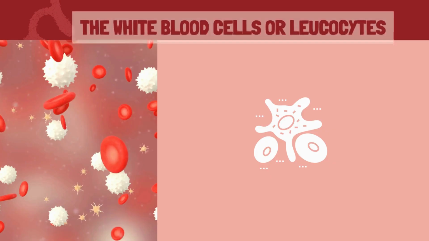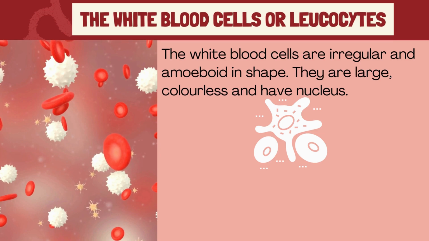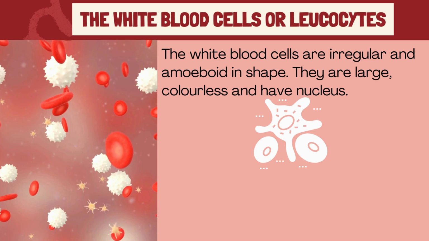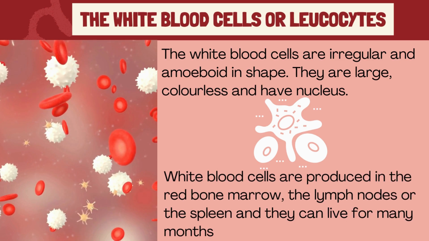Now let's look at white blood cell. The white blood cells, which are also called leukocytes, are irregular and amoeboid in shape. They are large, colorless, and contain a nucleus. They are larger than red blood cells in diameter, but they are fewer in number.